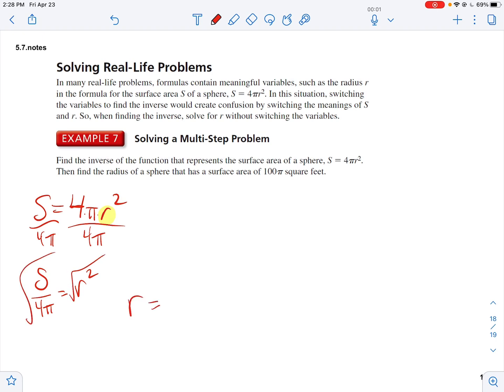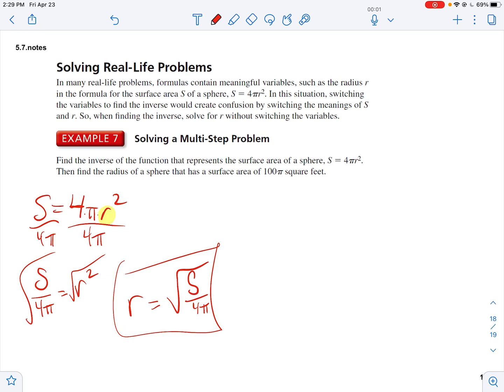So r is equal to the square root of S divided by 4 pi. That's the inverse. I mean, you could separate it into the square root of S over 2 square roots of pi and then multiply by square root of pi on top and bottom. So it's square root of S pi divided by 2 pi, but it's already jumbled anyway. You might as well just leave it like this, okay?